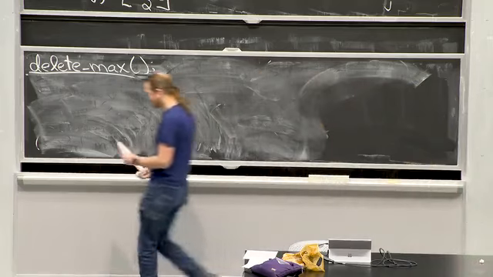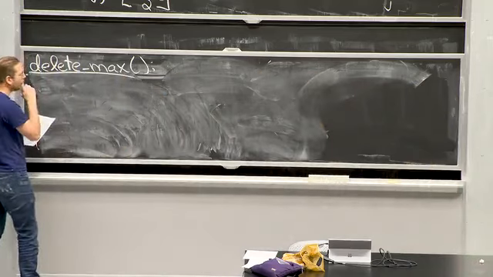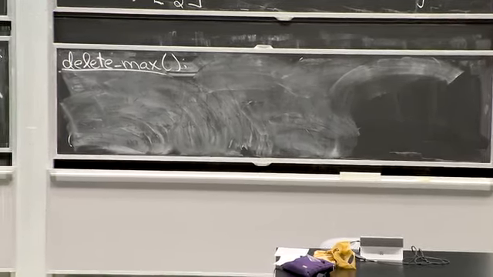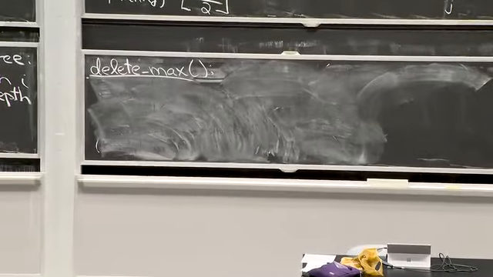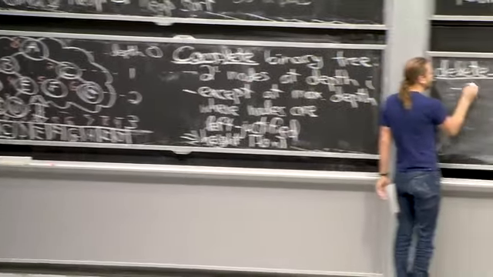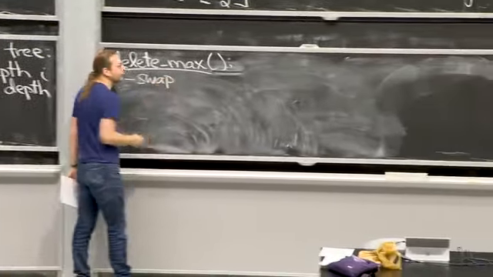That's fine. So, like I said, the only node we really know how to delete is the last leaf on the last level, which is the end of the array, because that's what arrays can delete efficiently. And what we need to delete is the root item, because that's always the maximum one, which is at the first position in the array. So what do? Swap them. Our usual trick. I think the cool thing about heaps is we never have to do rotations.